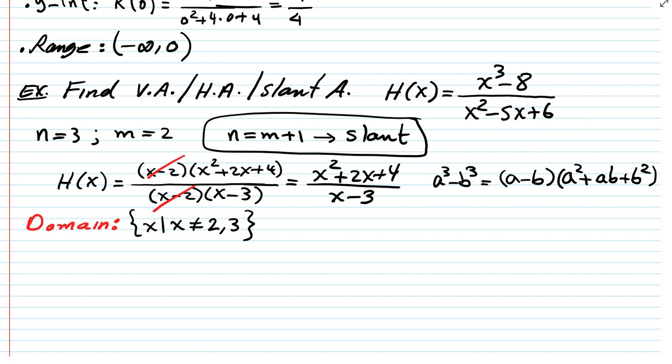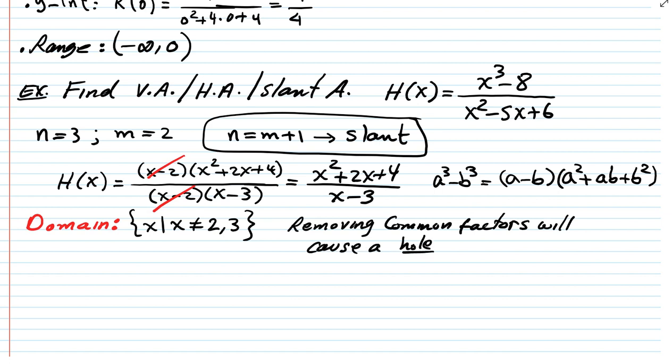Now the consequence of removing common factors is this: removing common factors will cause a hole in the graph of R of x at x equal c, whatever makes that removed factor equal to 0.